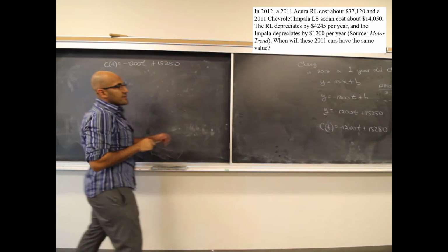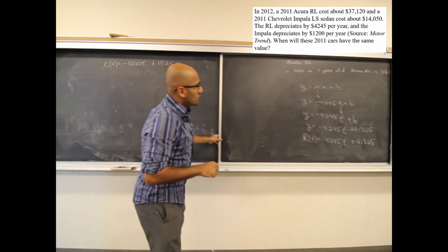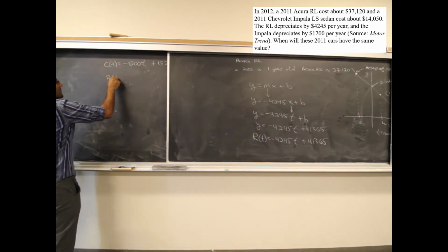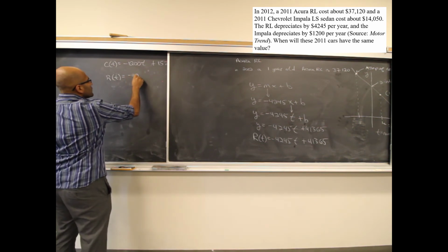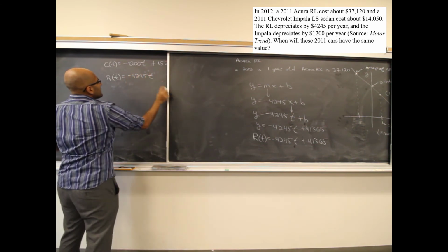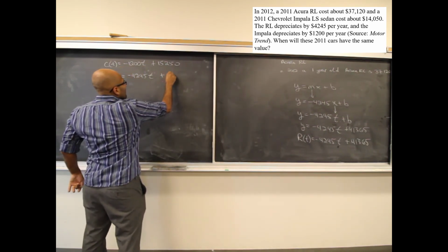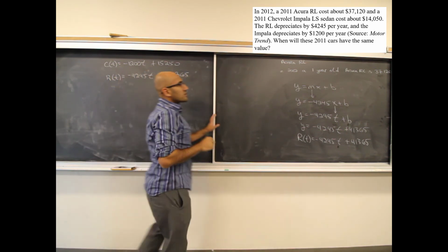That was the Chevy model. And then we had this one, which was, say, R of t. This is the Acura one. It was negative 4245t plus 41,365. So here's our system.